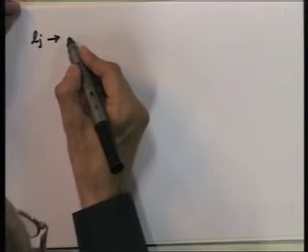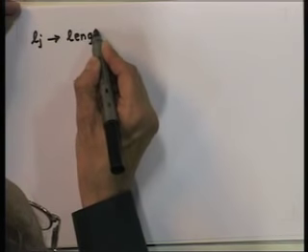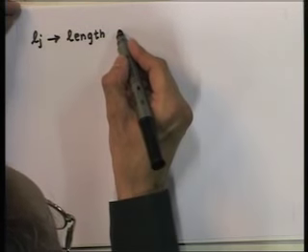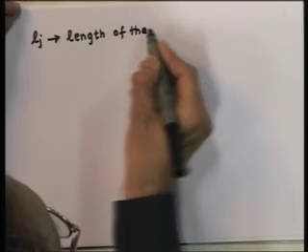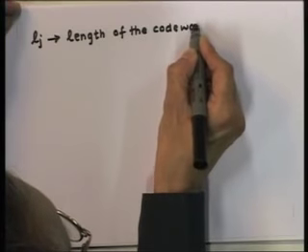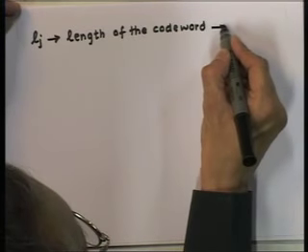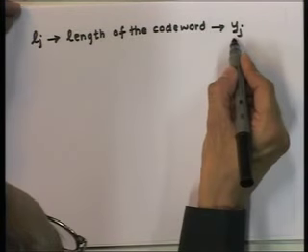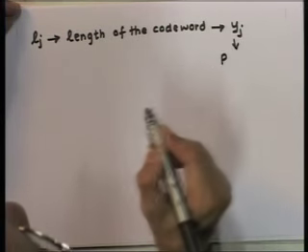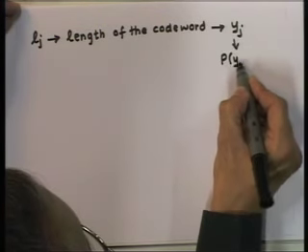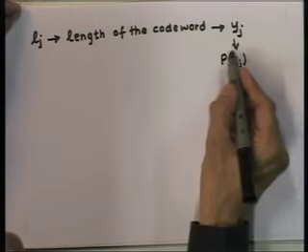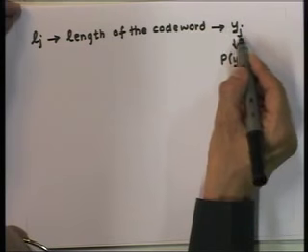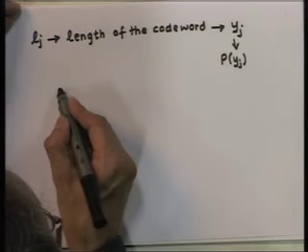So, if Lj denotes the length of the code word corresponding to the output yj and probability yj is the probability of occurrence of yj, then the rate is given by the following.